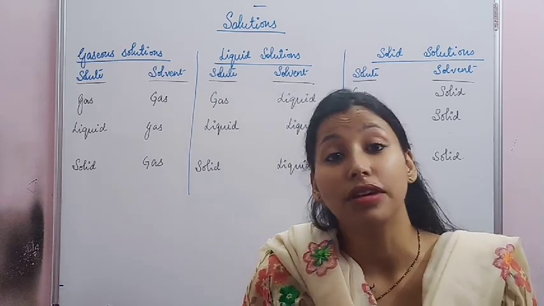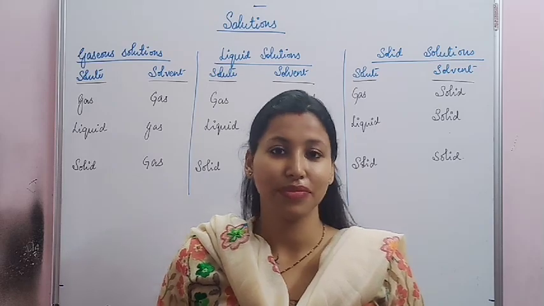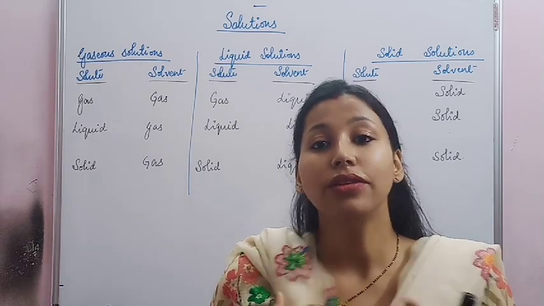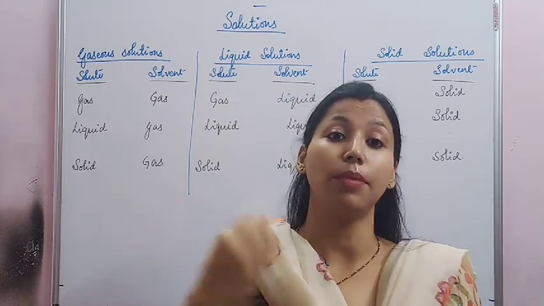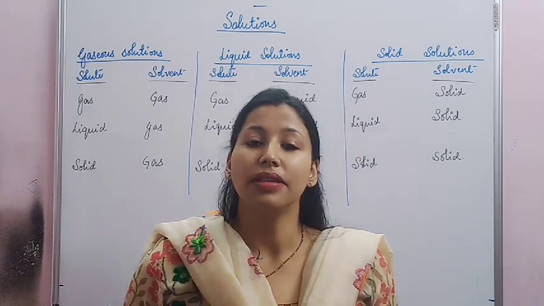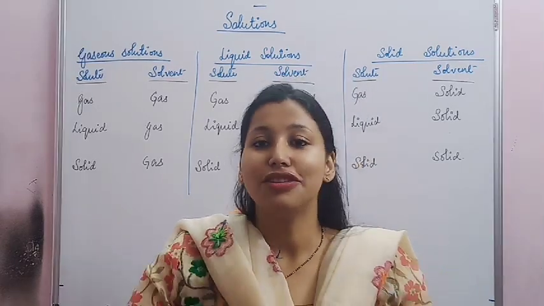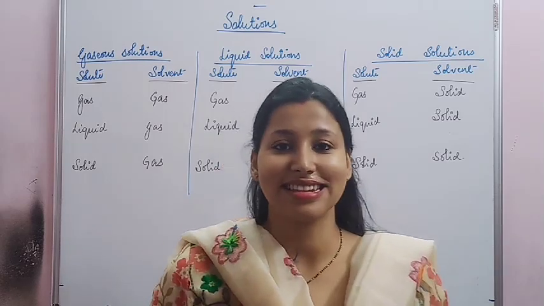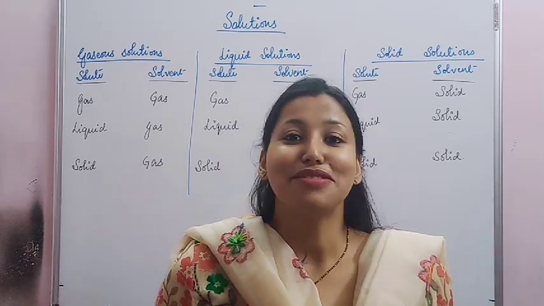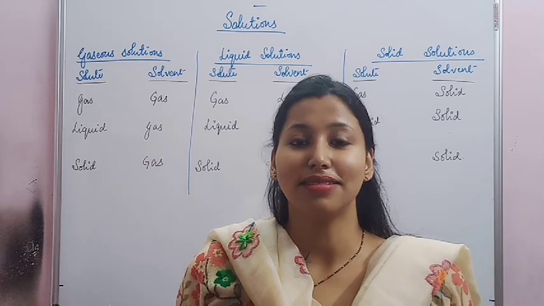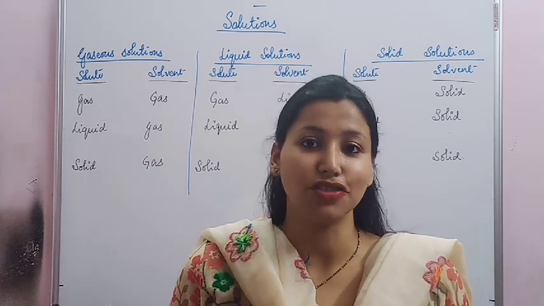This is what you have learned in your junior classes, right? Now, when you tell me that your solution is made up of solute and solvent, that means your solution is a binary solution. But did you learn beyond that? No. This is why we have to learn. This is what we will learn in this chapter.